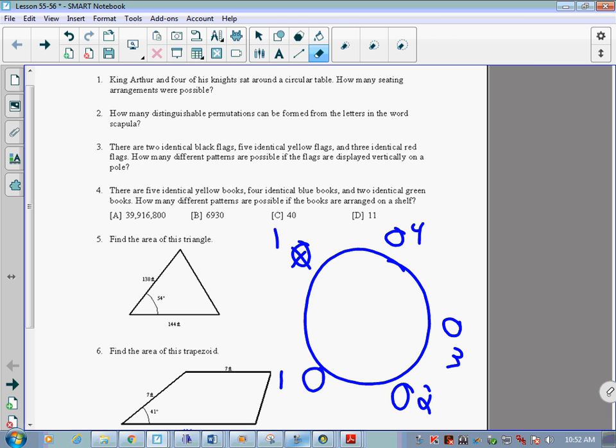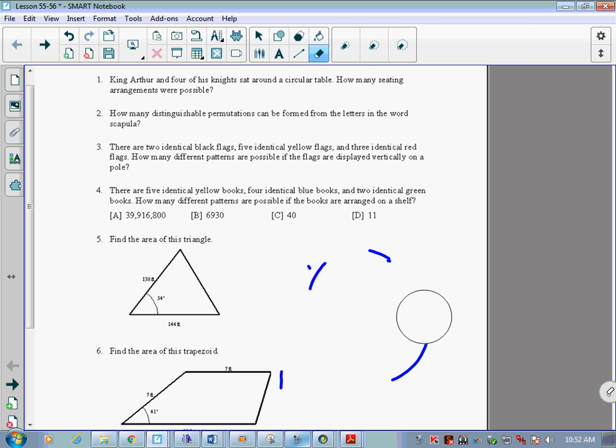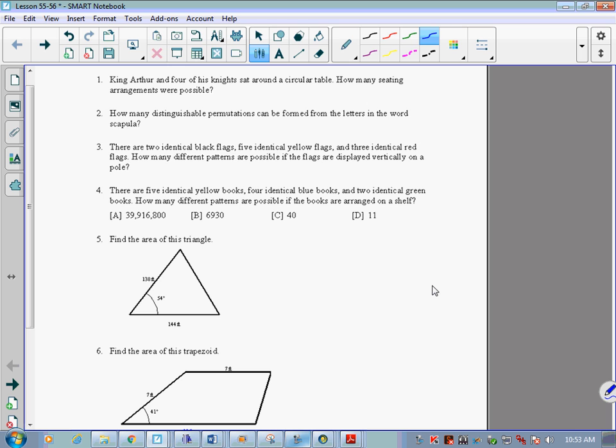All right, then we get into question number 2. It says how many distinguishable permutations can be found from the letters in the word scapula. The first thing we're looking for is, are there any repeats? Well, there is. There are 2 A's. So we take the number of letters that there are.